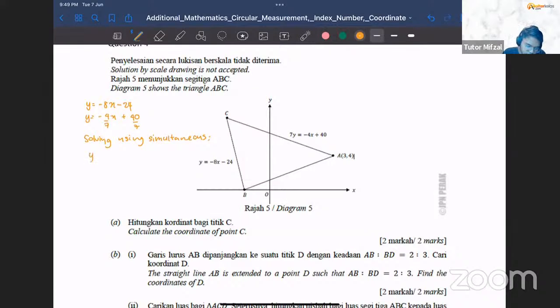So your y should be equivalent to 8 and your x should be negative 4. Hopefully you guys get that lah. Negative 4 and 8. Okay, kalau dapat benda tu then it's good. Okay, mana yang lain lagi?